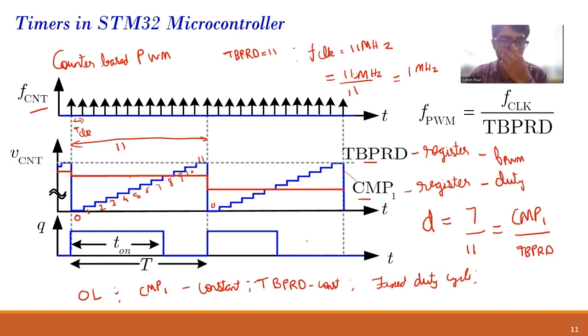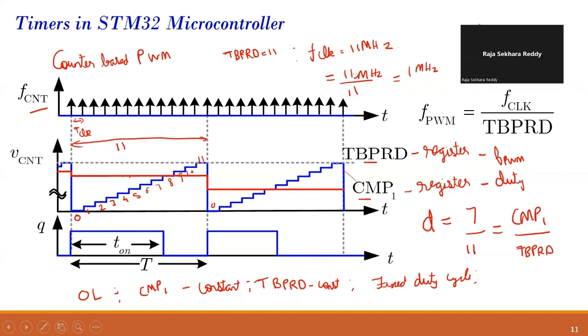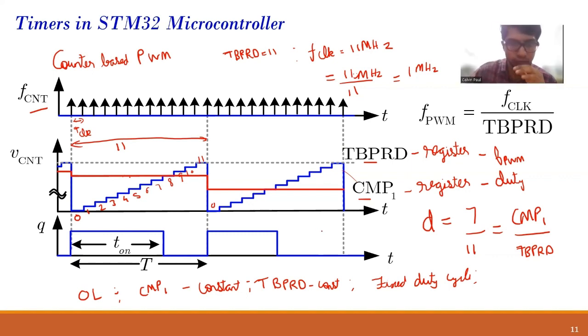Sir, here in the first cycle, the first on-off cycle of the gate pulse, when the compare waveform and the TBPRD are overlapping, before that itself the pulse is finishing here, whereas in the next cycle it is different.